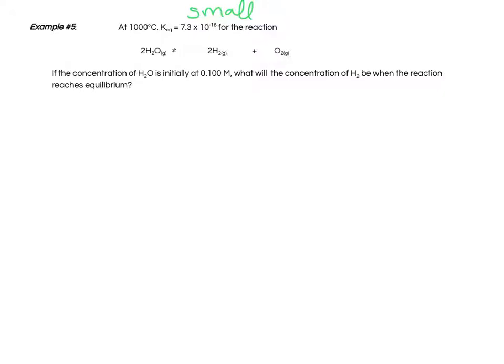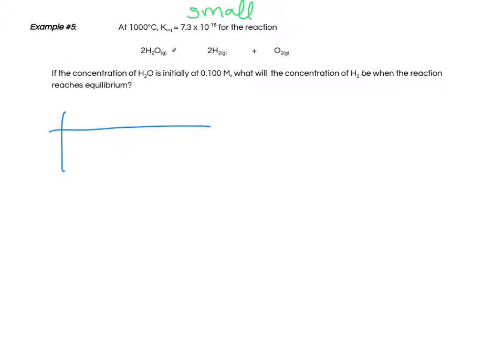So this question reads, if the concentration of H2O is initially at 0.1 moles per liter, what will the concentration of H2 be when the reaction reaches equilibrium? So they're giving me an initial concentration, and they're asking me about the equilibrium concentration. So that is my cue to draw myself an ICE box.